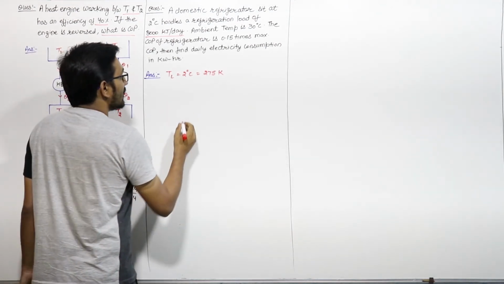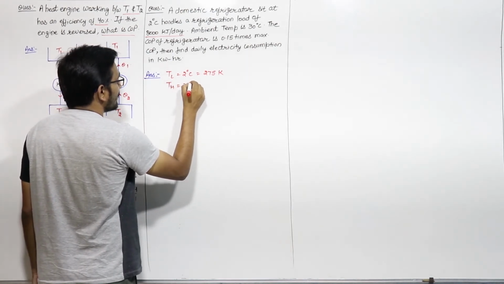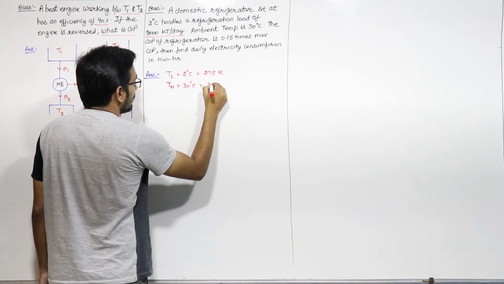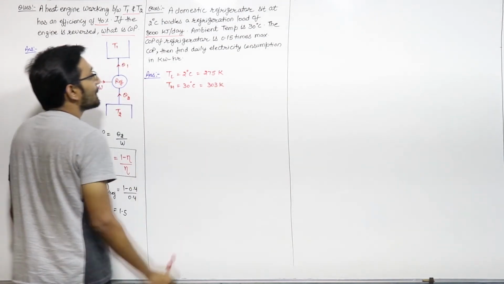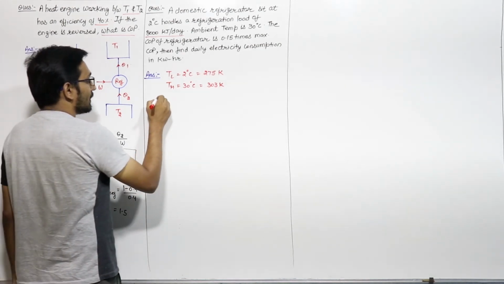Ambient temperature is 30 degrees Celsius, that means the higher temperature is 303 Kelvin. The COP of this refrigerator is 0.15 times the maximum COP.